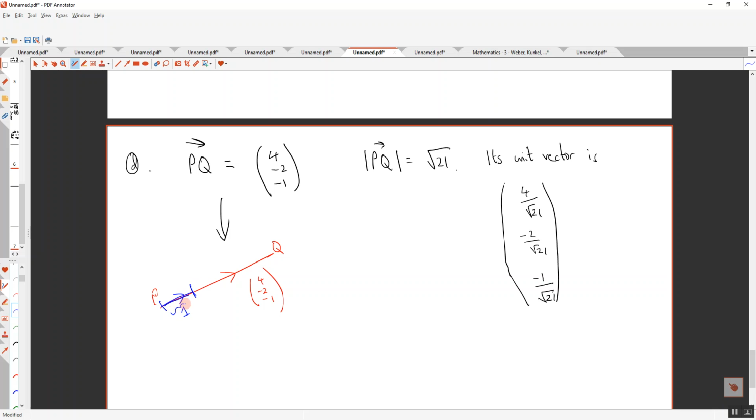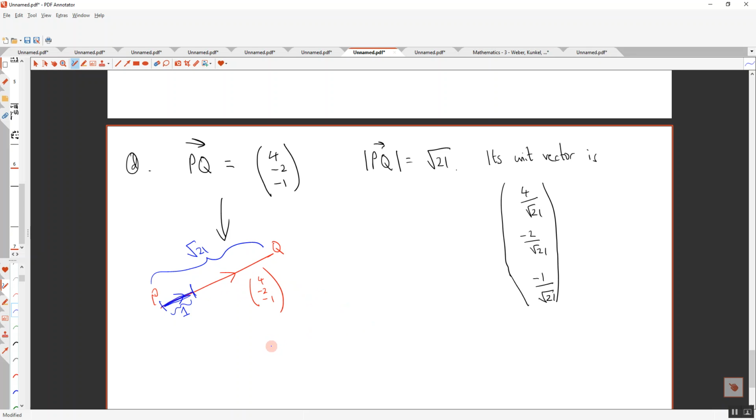Okay, it's only got a length of 1, whereas the whole vector has got a length of the square root of 21, which is why I'm dividing by the square root of 21. Okay, if I was to work out the magnitude of this unit vector, it would be 1. Okay, so the vector itself, the only thing that's changing about it is the magnitude. Okay, the direction stays the same. It's going in the same direction as P to Q, but it's only got a magnitude of 1.